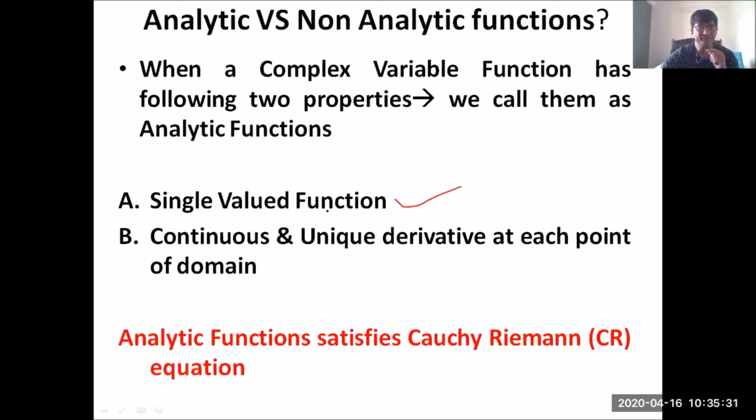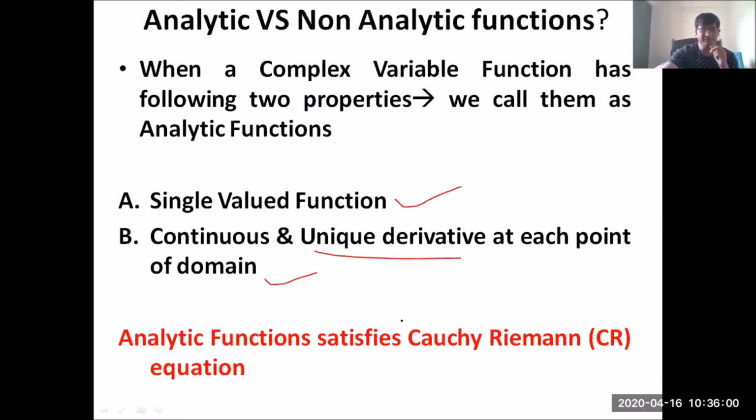And then it must be continuous and must have a unique derivative at each point in the domain it has been defined. If a complex variable function follows these two properties, we call it an analytic function. And if any of these two properties is not followed, we would call that function a non-analytic function.